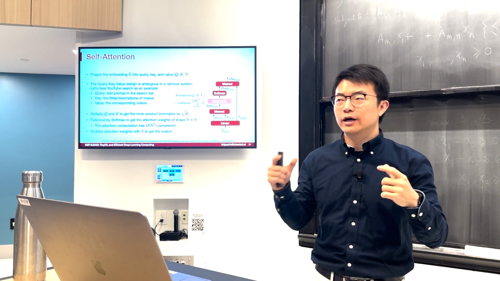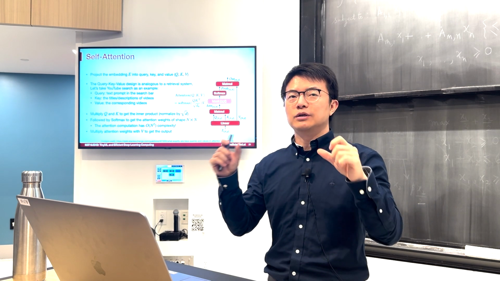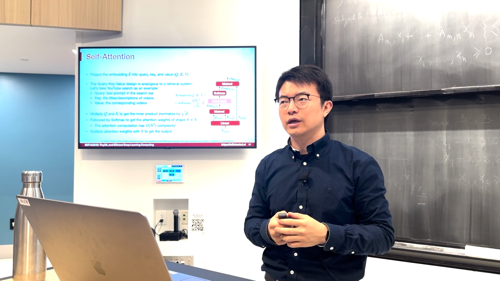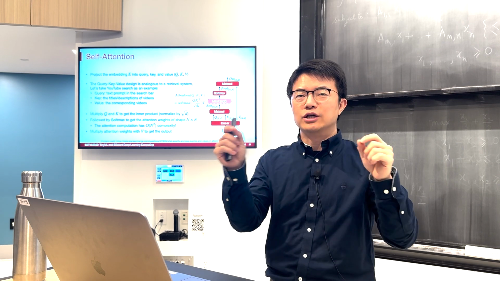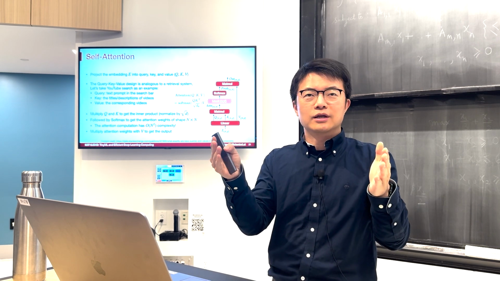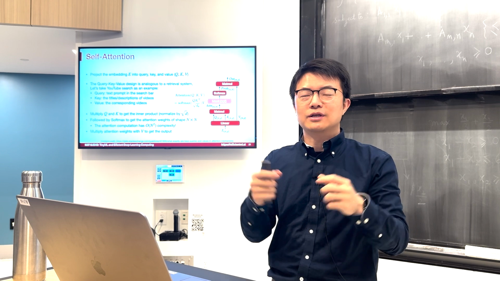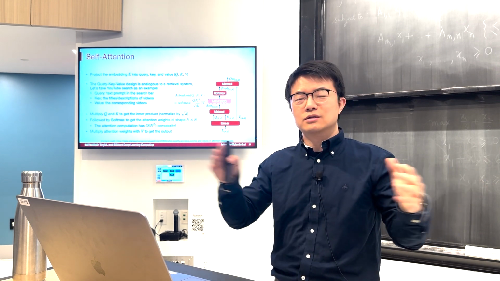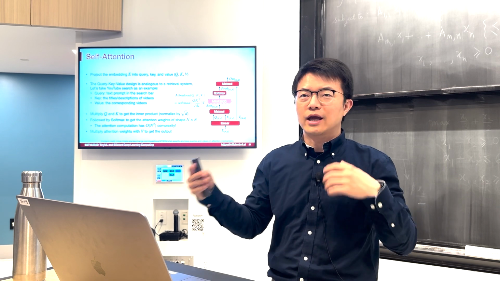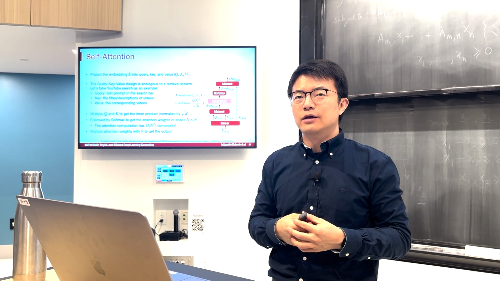So here we want to model the relationship between different tokens. Okay? Convolution only models the relationship between the token and its adjacent neighbors, like 3 adjacent neighbors, very limited receptive field. But now we want to attend to all the tokens, so that they can interact with each other.